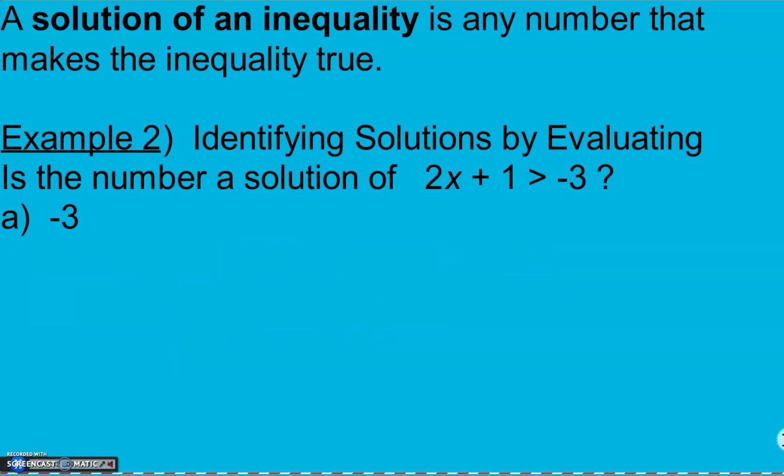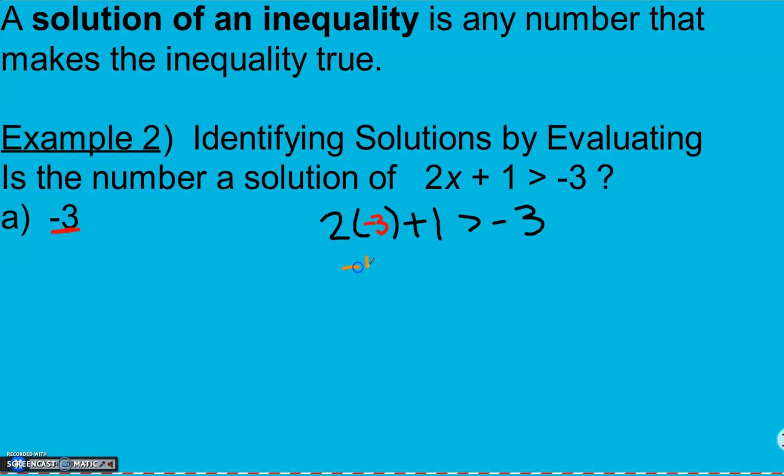A solution of an inequality is any number that makes the inequality true. So here we want to know if -3 is a solution. So I take my inequality, 2 times x plus 1 is greater than -3. And I check my x value of -3 by substituting it in.